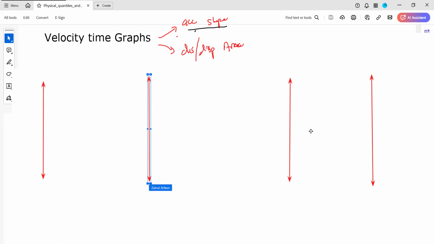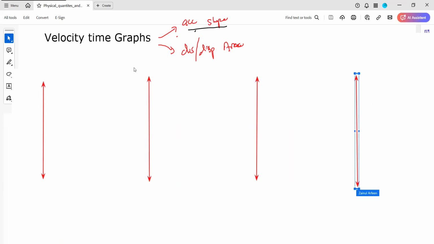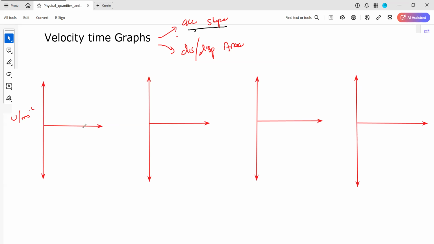So if we have a velocity time graph, the velocity is there on the y-axis and time is there. What can we say about the slope of this graph? Increasing. So the slope is increasing, which means acceleration will increase.